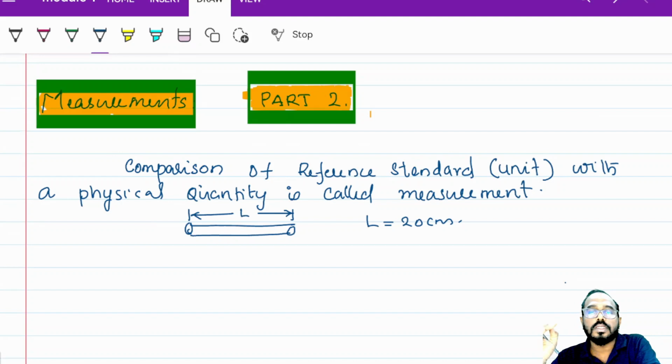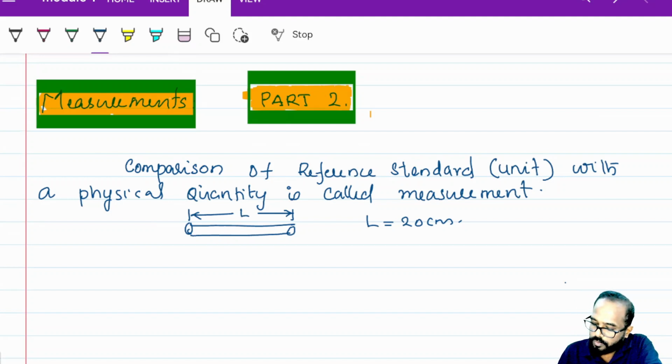It can be 21 centimeter, 22 centimeter, 20.1, 20.2 or 19.1, like that. The actual value is different because human error may be there, instrumental error may be there. Because of that, there will be a difference between the true value and the measured value. That is called error.